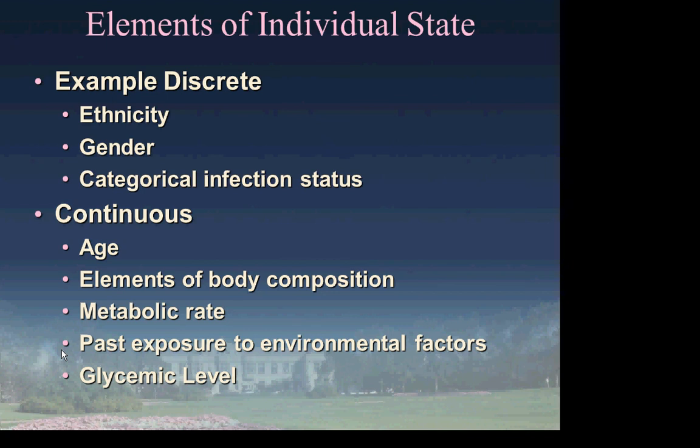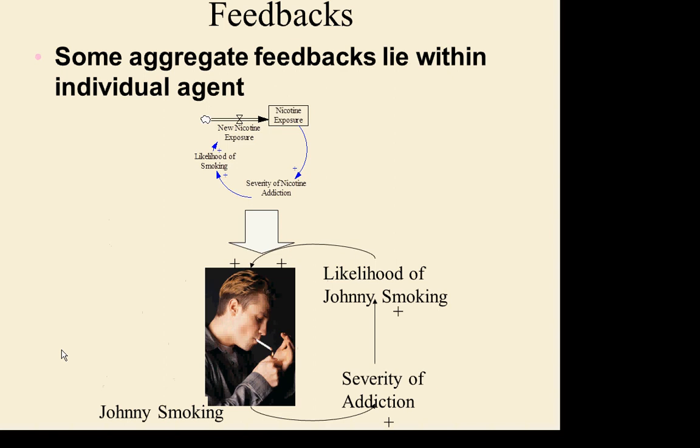So there we would have an individual's state being continuous, and maybe it's their level of infection or something like that, the level of virus particles in them, which we can essentially treat as continuous, and it varies according to stocks and flows over time, so it's continuous in time.